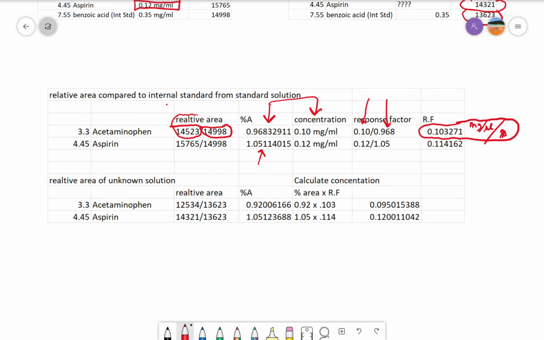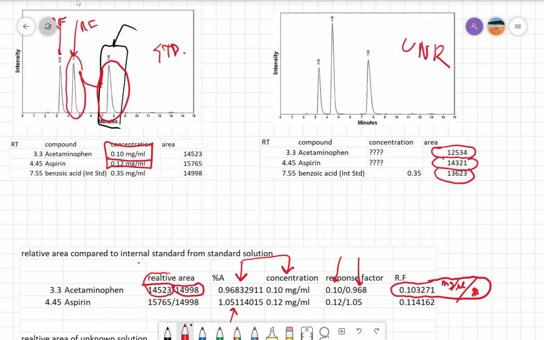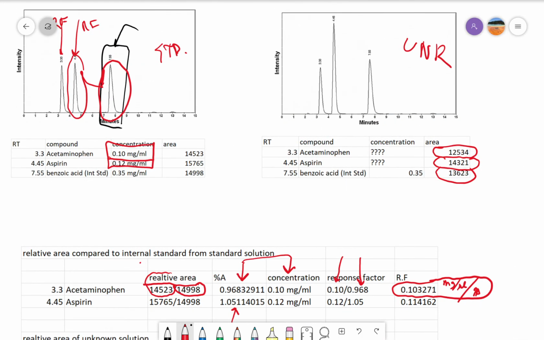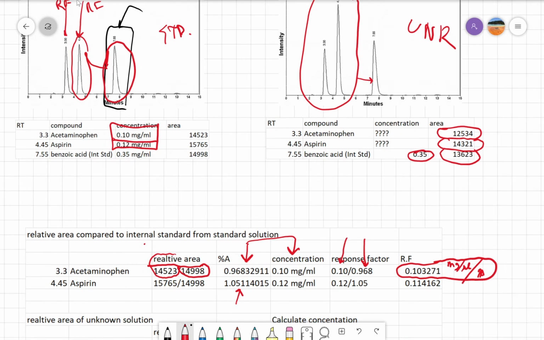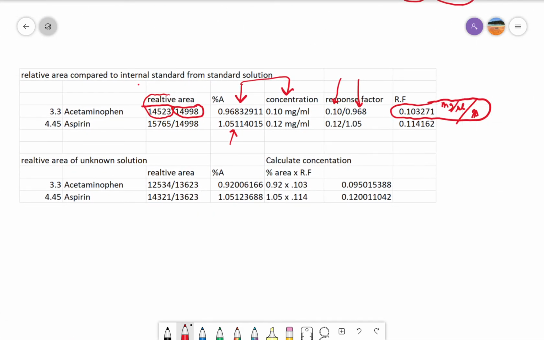Now, if we look at the unknown, which is our one tablet dissolved in 1,000 milliliters, then spiked to the same concentration of benzoic acid, we can look at the relative area of the acetaminophen and the aspirin in the unknown solution.